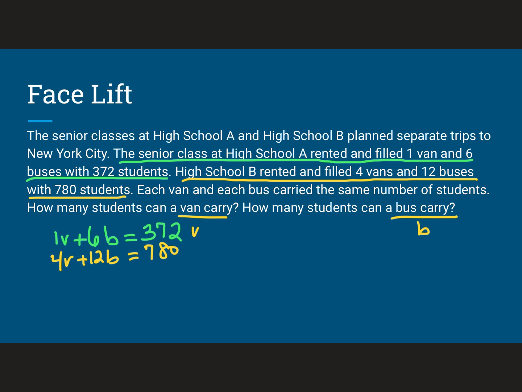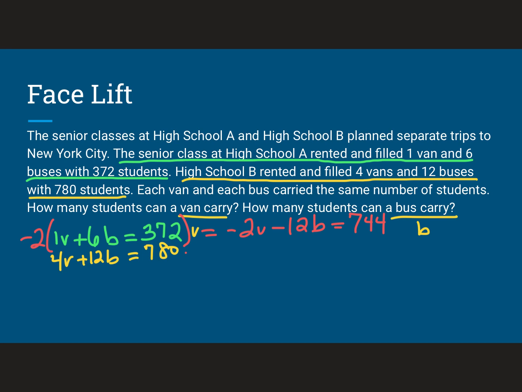Okay, so I'm going to take that top equation. I see I have a 6b and a 12b. I'm going to multiply this top equation by negative 2. So when I do that, I get negative 2v minus 12b equals 744.